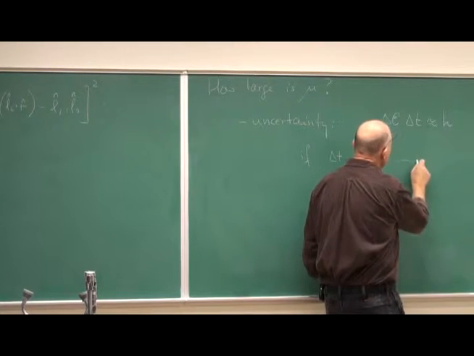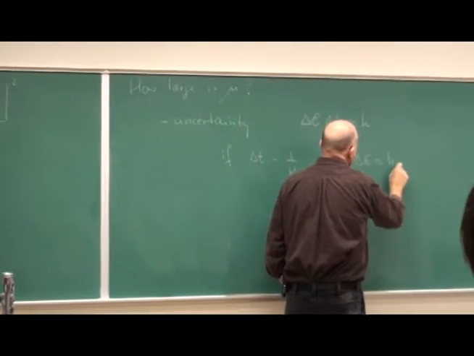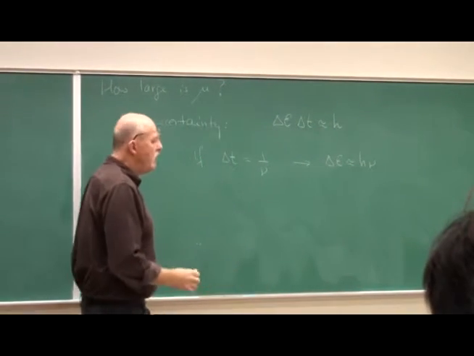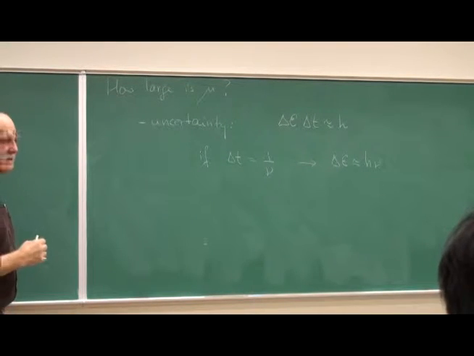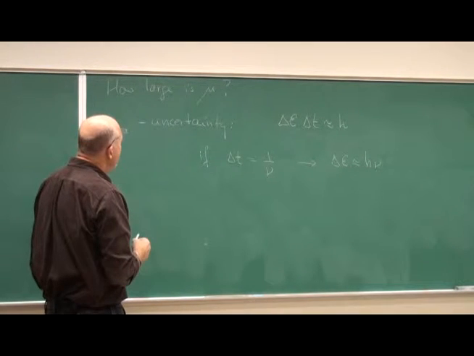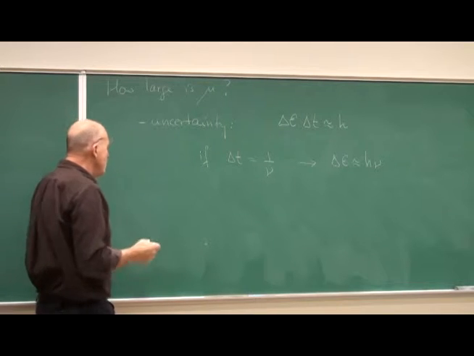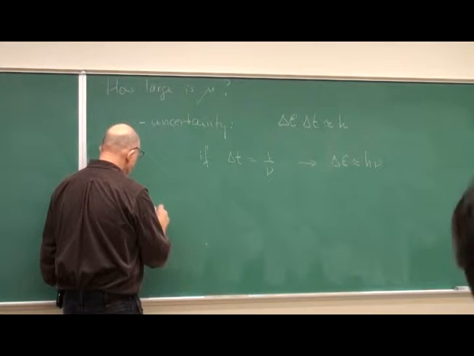So this tells us that delta E should be comparable to h nu, where nu is some frequency. And you've probably already seen this expression somewhere. This is just the energy of the photon.